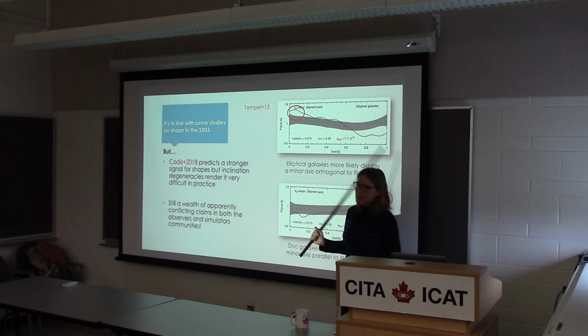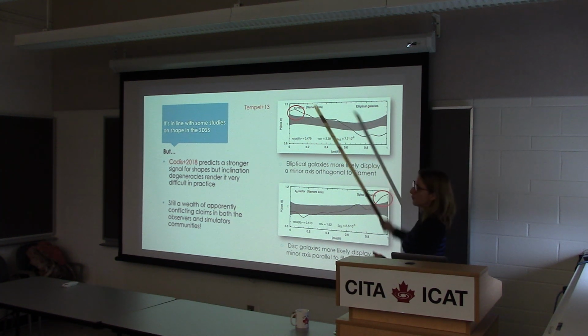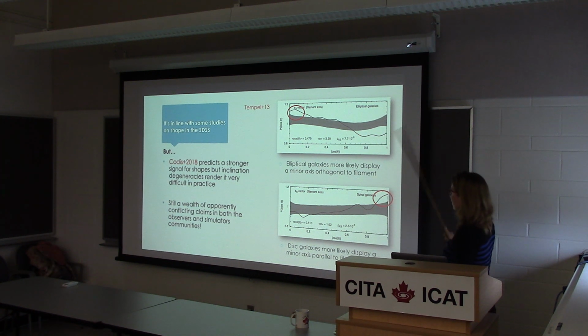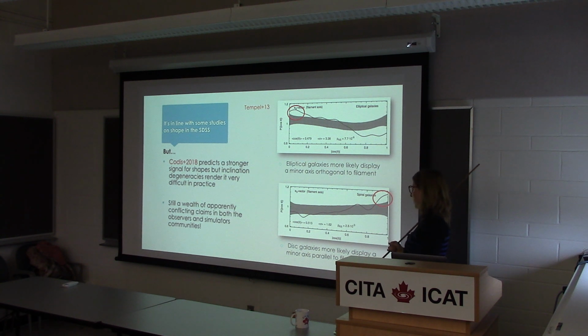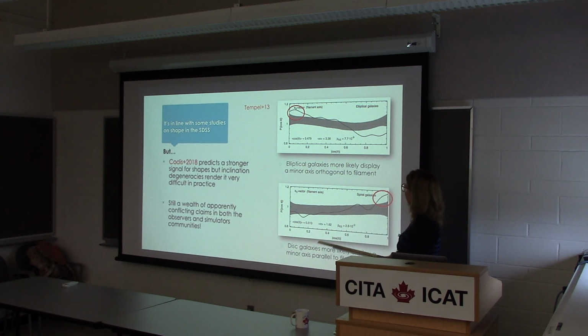The first one was Temple et al. 2013, which compared the PDF of the cosine of the angle between spin and filament for some galaxies in the SDSS, and compared the trend for elliptical versus spiral galaxies, and did find a bit of a trend, but the trend is actually what's above the gray line, so it was still very ubiquitous. Well, it did find that these galaxies are more likely to display a minor axis parallel to filament, but it's a lot of proxy and it's a weak signal.